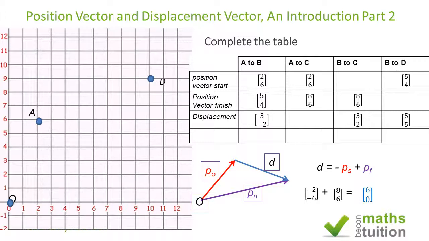So the aircraft will fly horizontally for 6 units. That's O to A, and that's O to C, also control tower to town C. That's the displacement between town A and town C, and that's (6, 0).